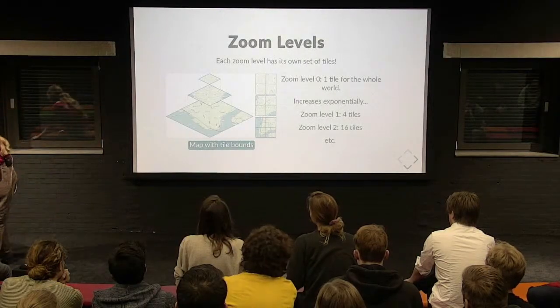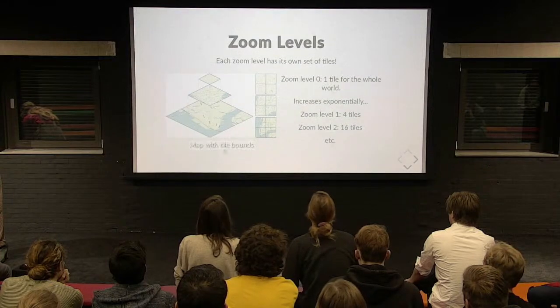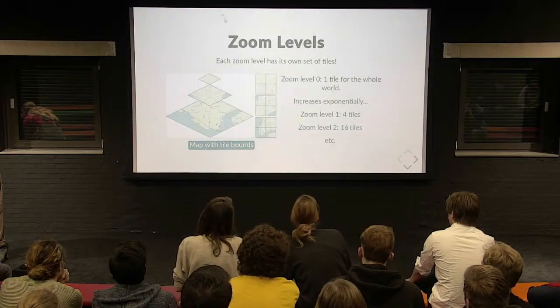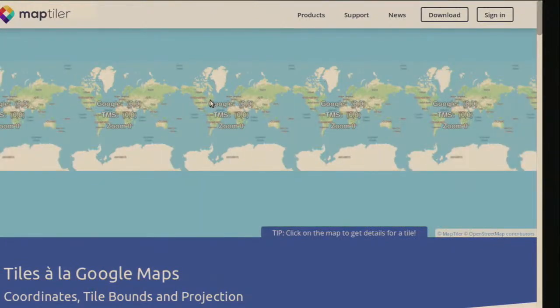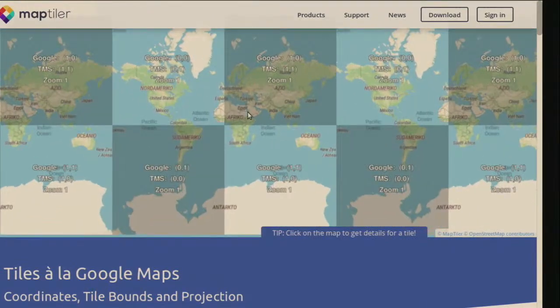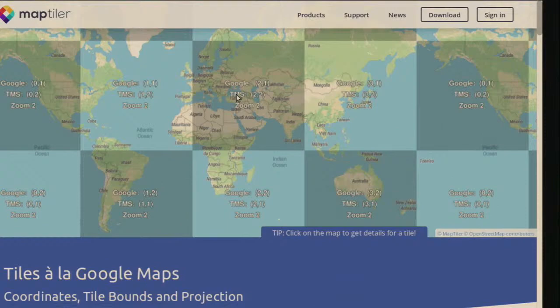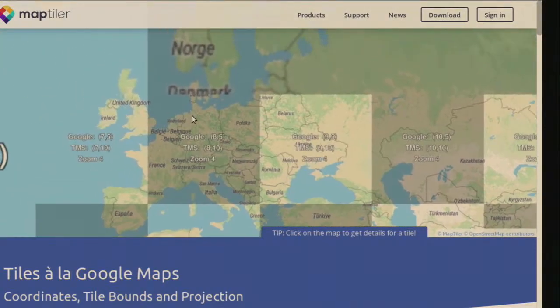I just wanted to show you, if it works, how it looks. Here you can see a map where the tile boundaries are drawn on. Here you have one image for the whole world. You zoom in, you have 4, and you zoom in, and it gets divided.